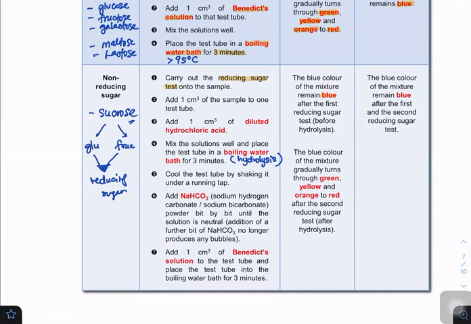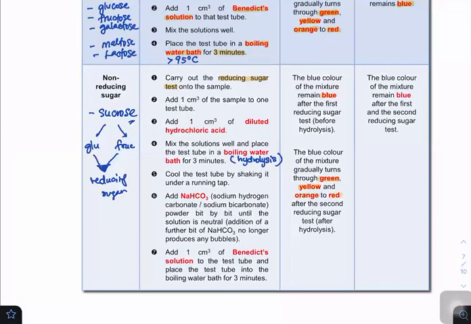Then after that, we add 1 cm³ of Benedict's solution, and again put the tube into the boiling water bath for 3 minutes. If sucrose or non-reducing sugar is present, the hydrolysis will have produced a reducing sugar, so I will be able to see the color change. It starts from blue, goes to green, slowly to yellow, orange, and red.